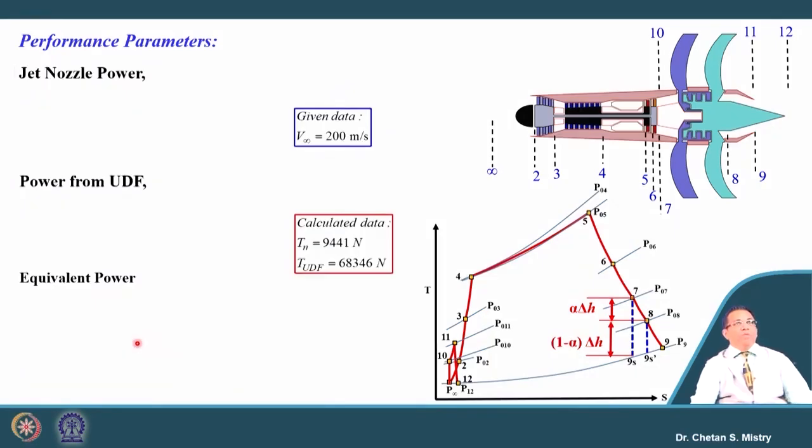Okay. Now, the other parameter we want to calculate is power, because we are discussing the power turbine configuration. So, we are also interested in the calculation of power generated by the nozzle as well as the power required to run the unducted fan. For that, nozzle power can be written as T into V infinity.